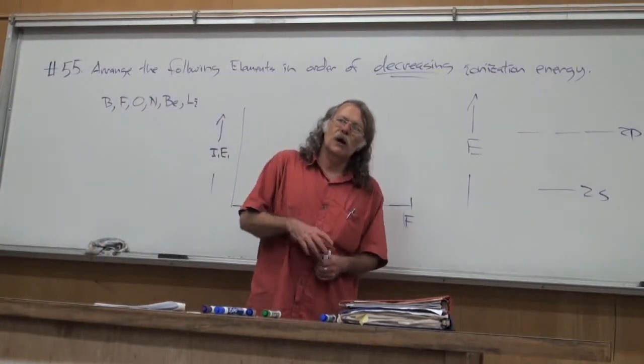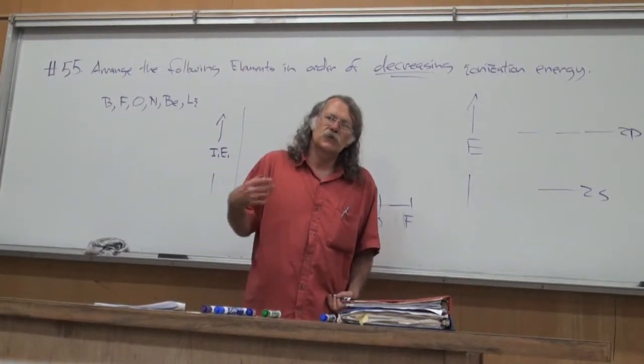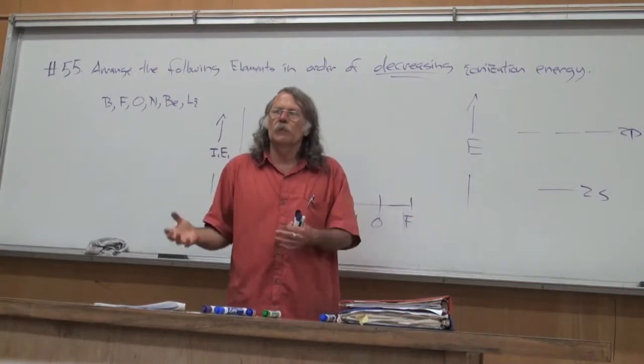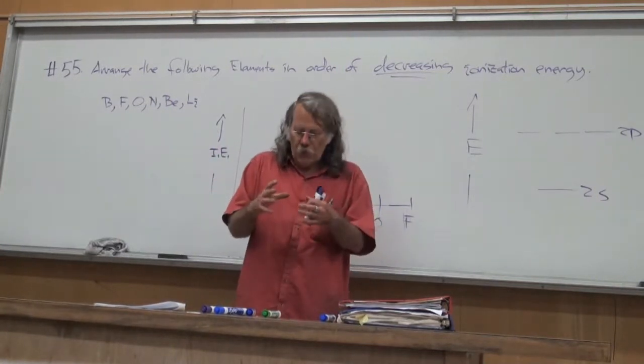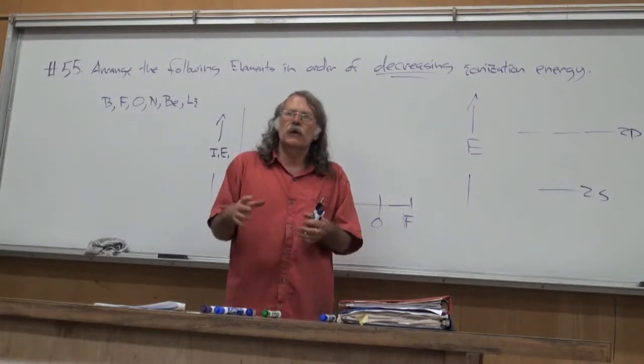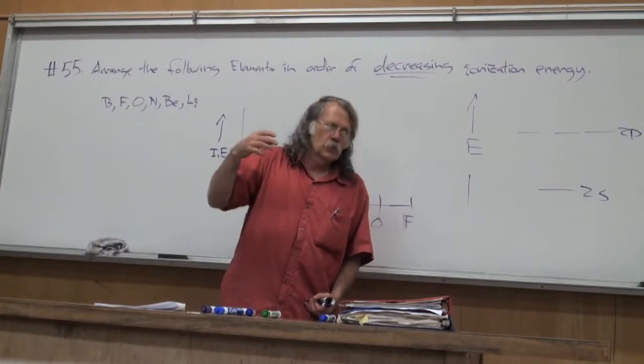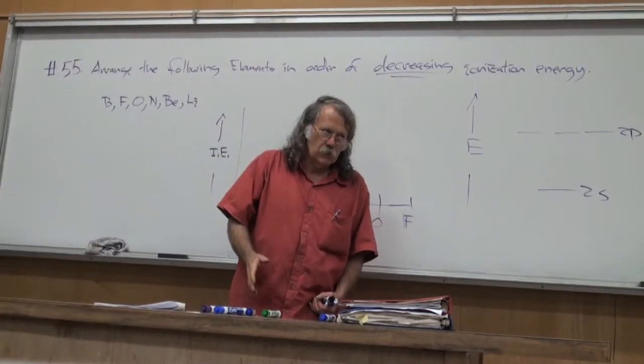Because there's more positive nuclear charge in the nucleus. Now that nuclear charge, as we go from one element to the next, is increasing, but the amount of screening, and when I talk about screening, what happens as I go down a group? I see an increase in size, right? Why?